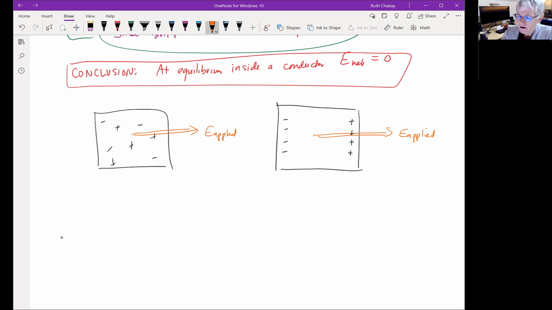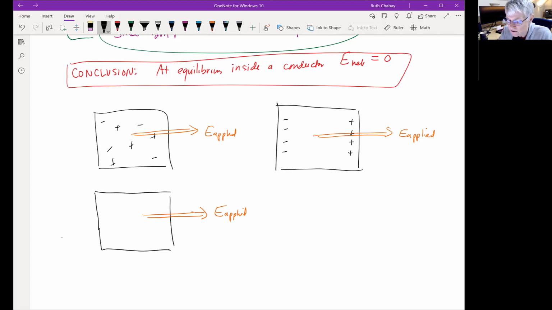Well, let's think about it like a comic strip, step by step. So here we have our applied electric field, and in a short time, a nanosecond or so, what's going to happen is all the chloride ions in the solution are going to move a little bit to the left.